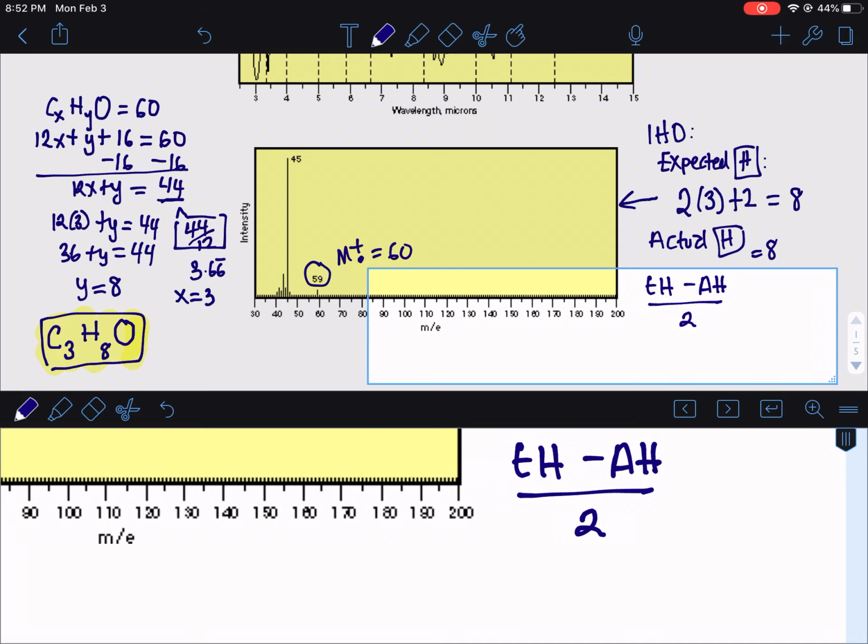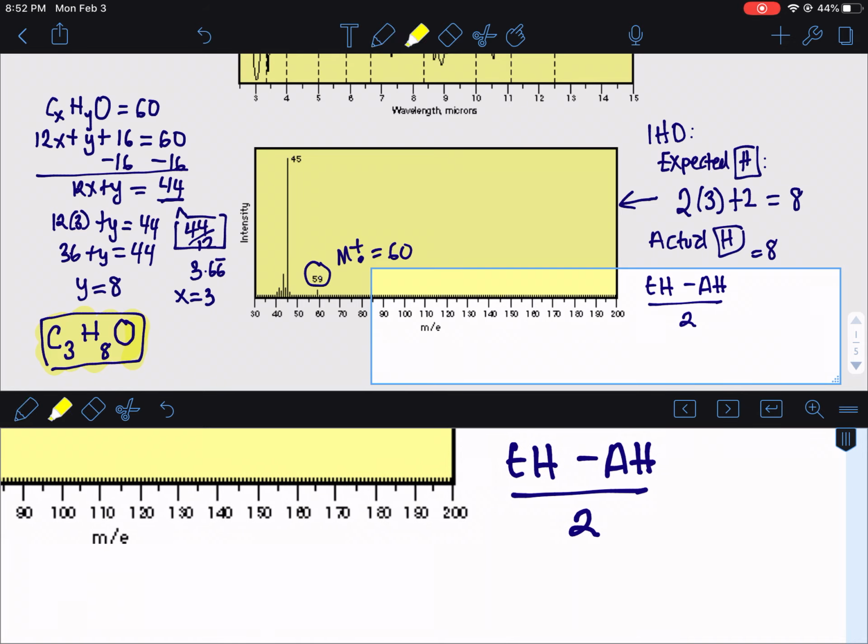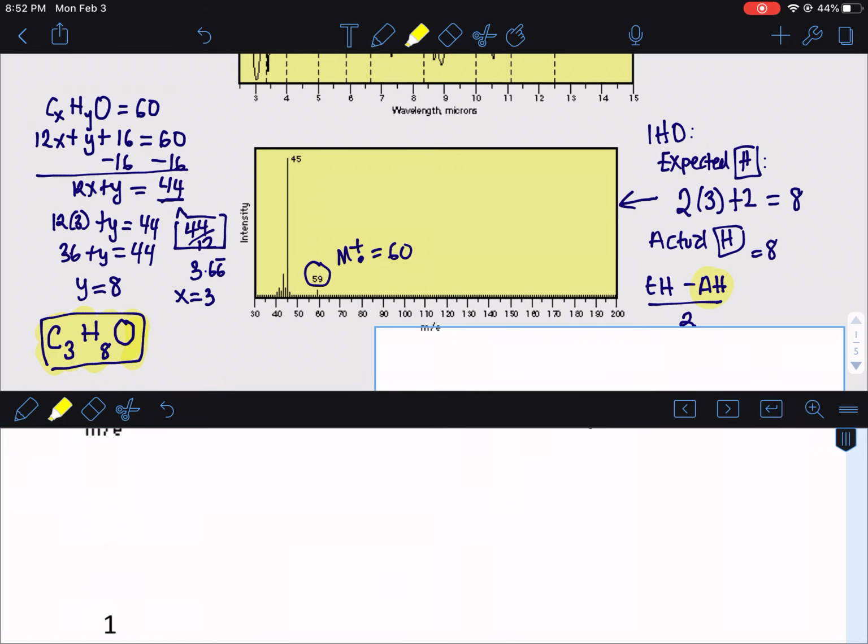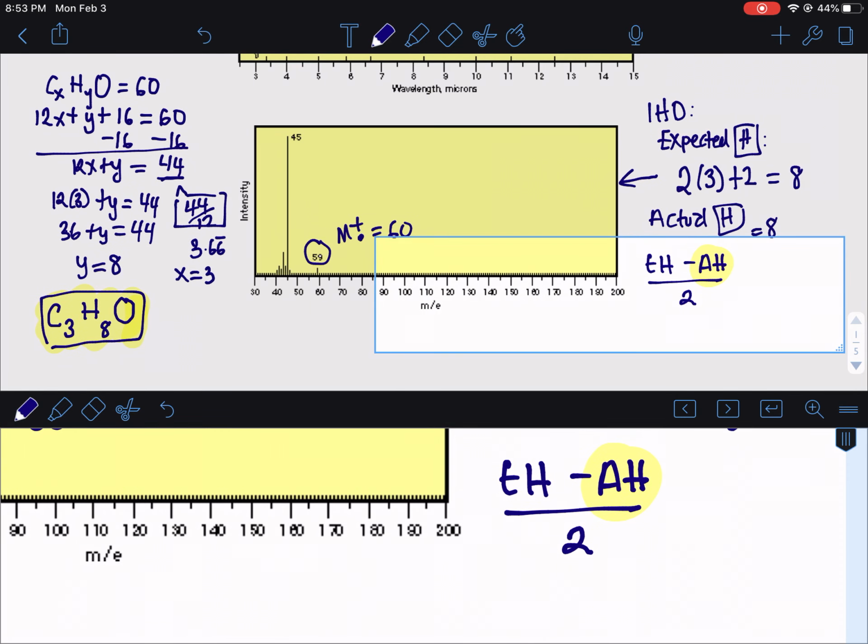Let me point out something here about your actual H. If you have nitrogen, that will count as minus 1H. If you have a halogen, that will count as plus 1H.